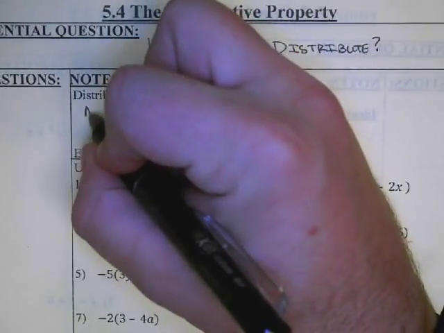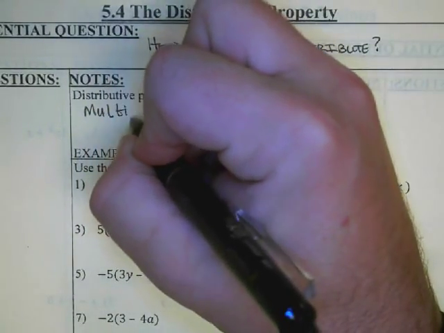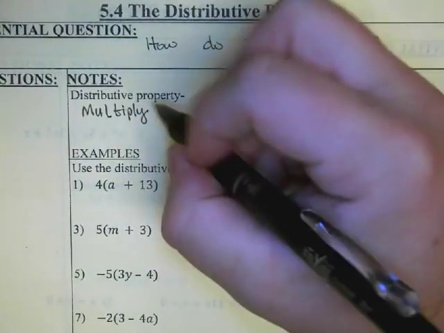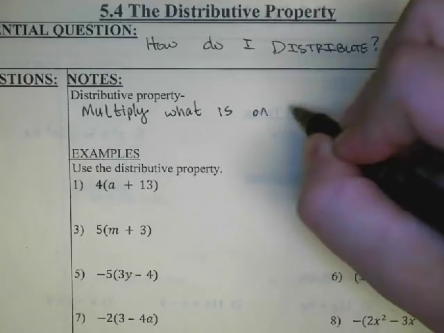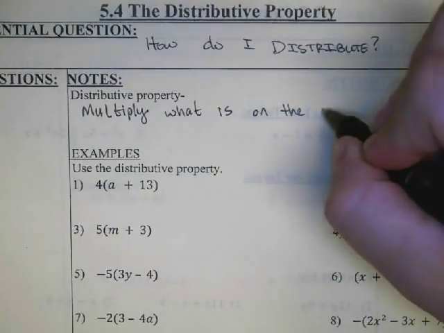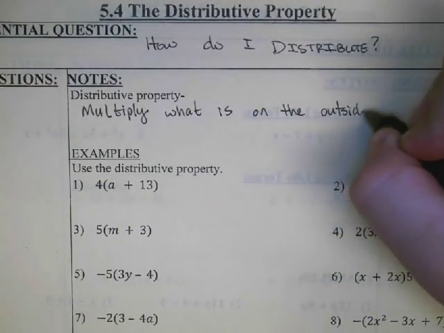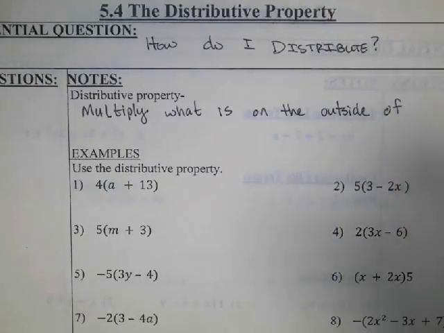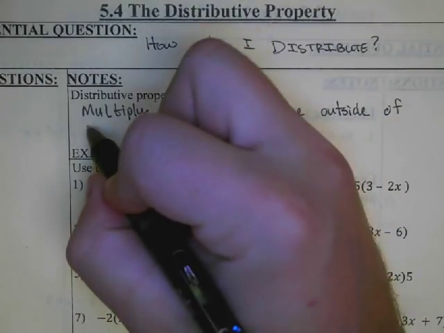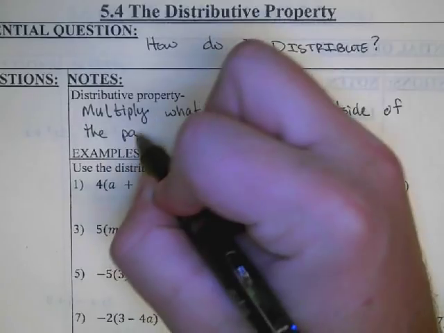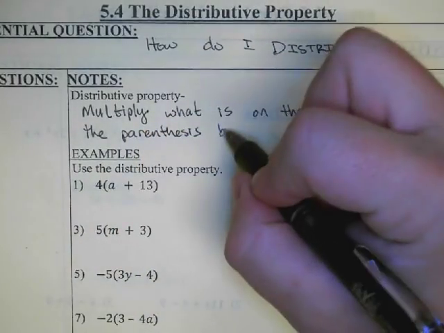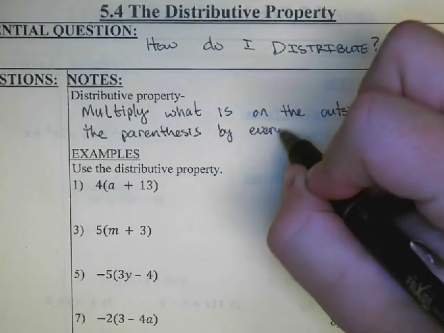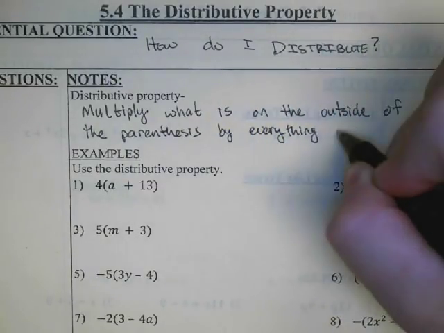And the distributive property is where we multiply what is on the outside of the parentheses by everything inside.